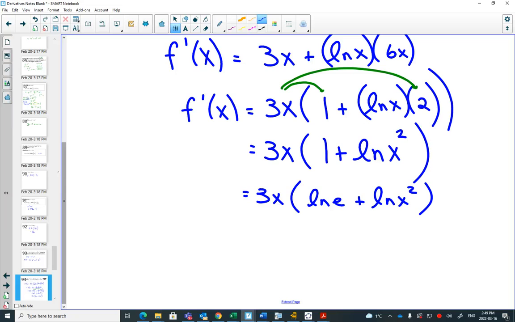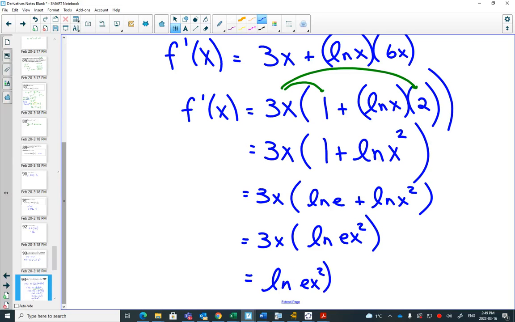And there's a log law for adding that says when you add, that's the same as multiplying inside your logarithm. And then we could write this as another exponent using the log law again.